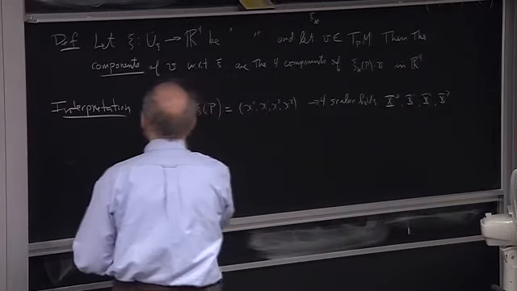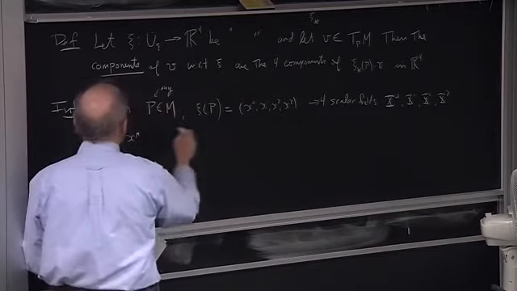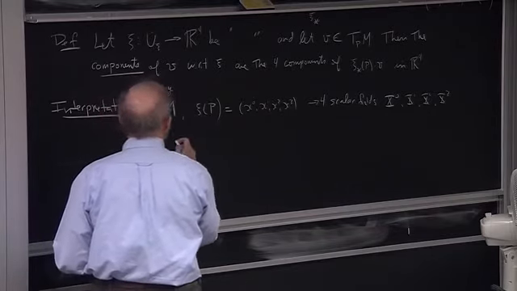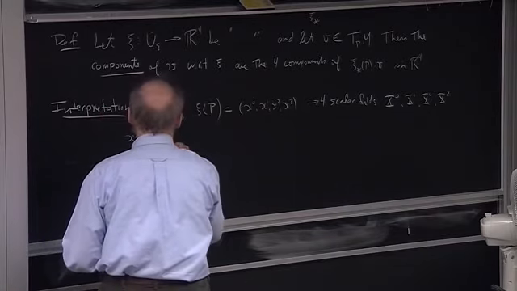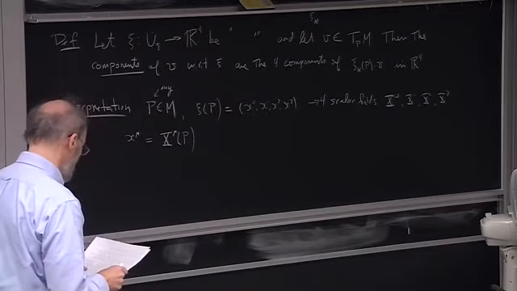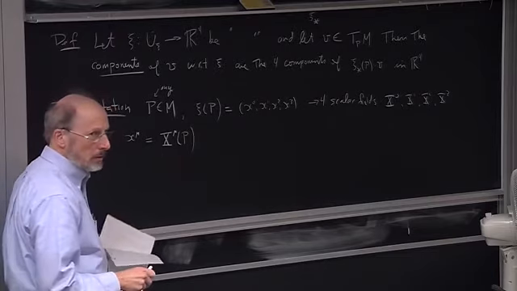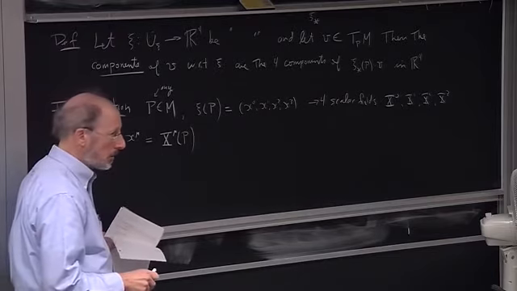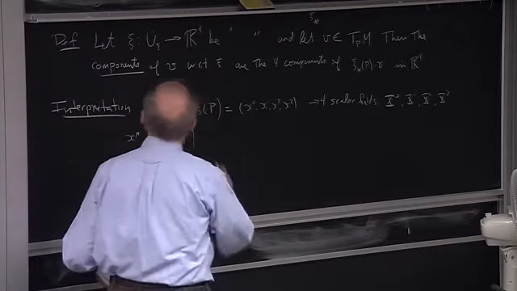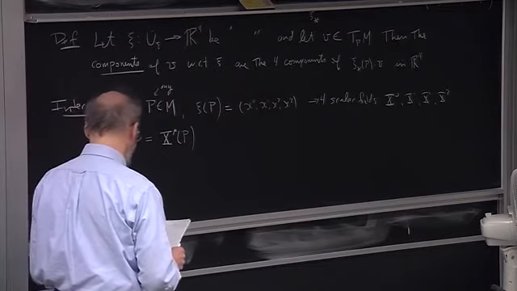In other words, x mu, little x mu, the mu coordinate of the point P, is just equal to this capital function of the point P. I said everyone is happy with the term scalar field, which we didn't strictly speaking define. It's just a map from the manifold into the real numbers. It's a real scalar field.